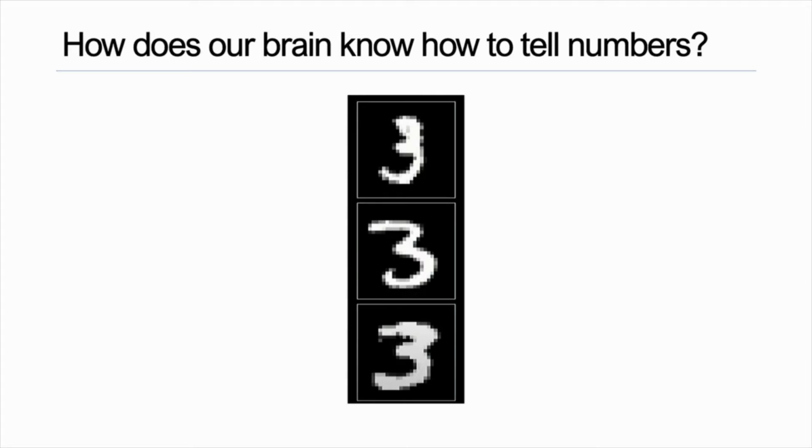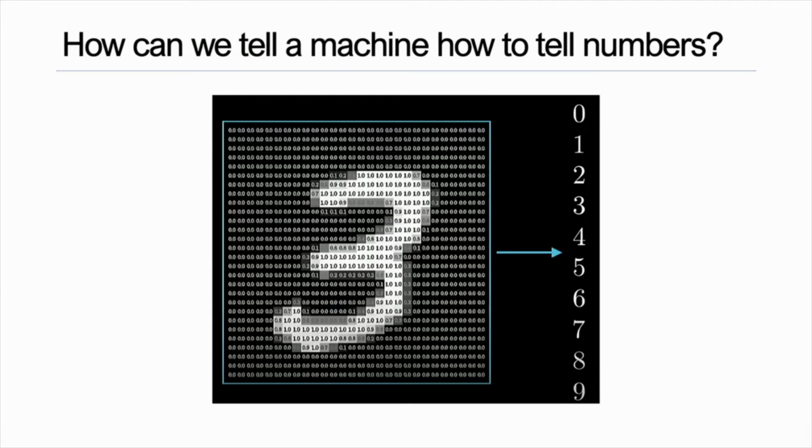So our brain's pretty smart in the sense that you see these three handwritten images of 3, and you'll be able to easily distinguish them. All of these would be read as 3 in your brain. But if you were to tell a machine to do this, it'd be very challenging, because you would probably program the machine to interpret the white pixels in the black framework.